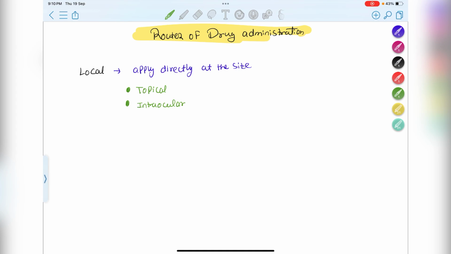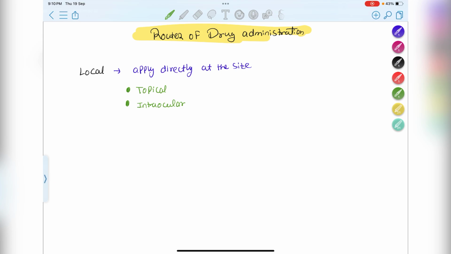In topical, you have seen some gel or tubes to apply when you have a sprain, or when you have a fungal infection on the skin. You apply topical miconazole or ketoconazole cream. When you have a pain or sprain in the leg, you apply diclofenac gel. So that is the topical way of applying the medicine.